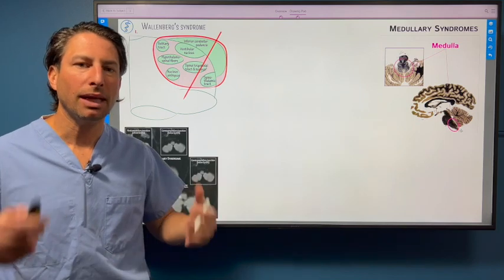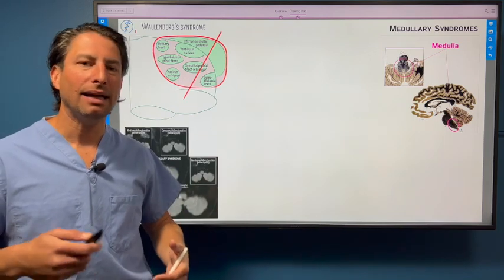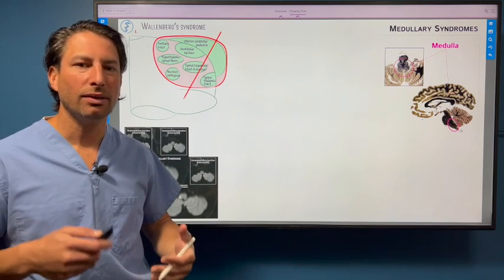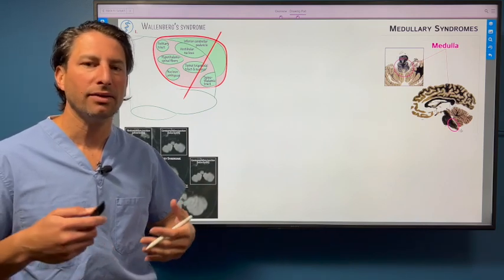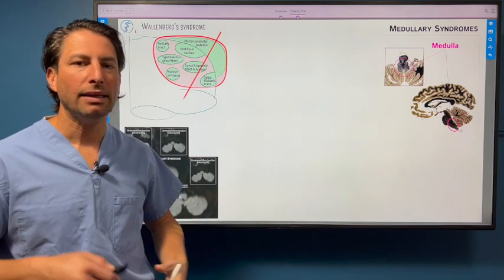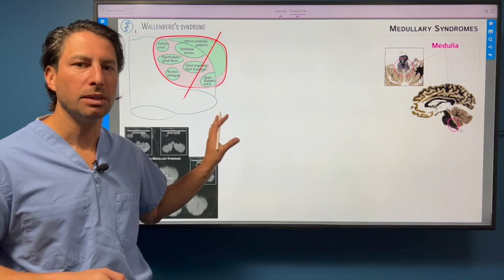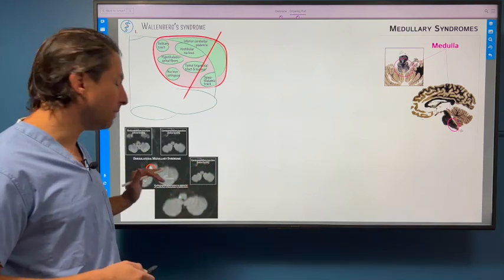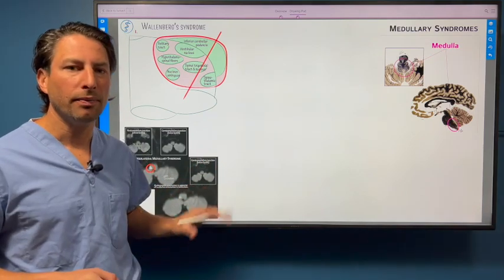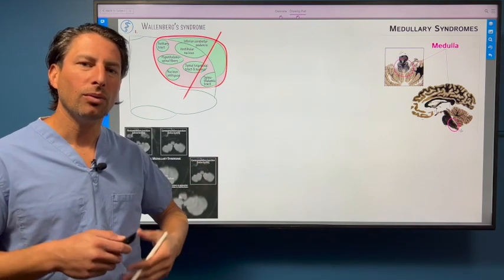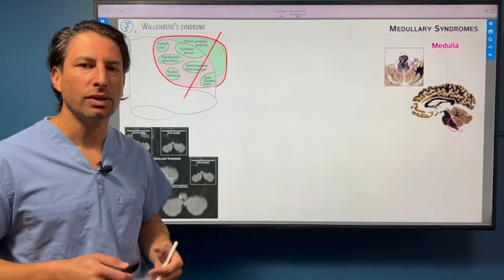So patients will complain about gait ataxia, odd sensory phenomena. They may feel like they're having difficulty swallowing. They may have some dysarthria. And it's easy to miss a Wallenberg syndrome on clinical inspection. And then it's also easy to miss on MRI because oftentimes brainstem strokes won't really appear for the first couple of days.